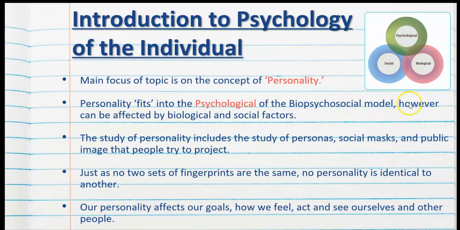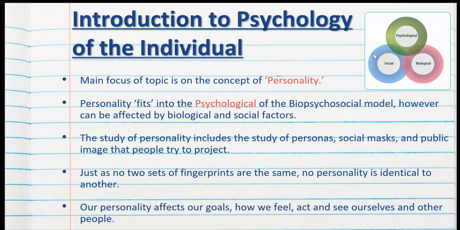So that means that many different aspects from the social and the biological can affect the psychological. There are a lot of different factors of the biopsychosocial model that may affect personality. Biological factors can affect personality and social factors can affect personality just as much as the psychological does.